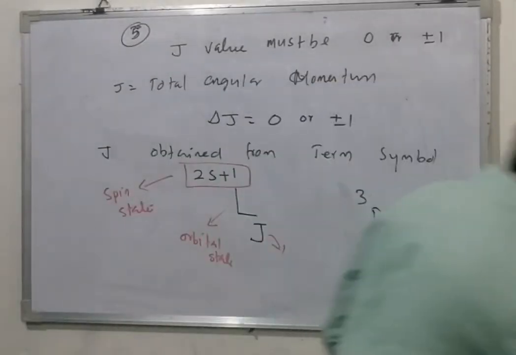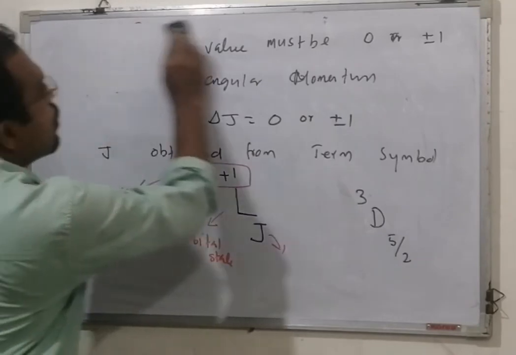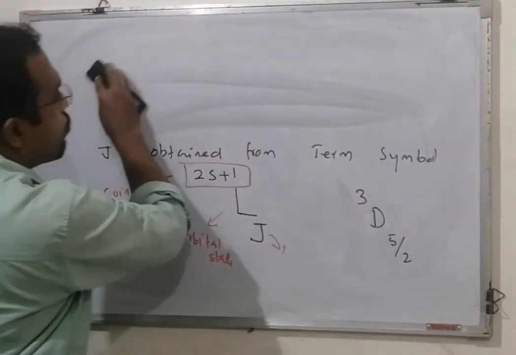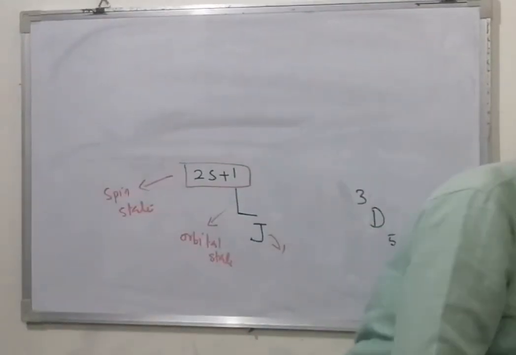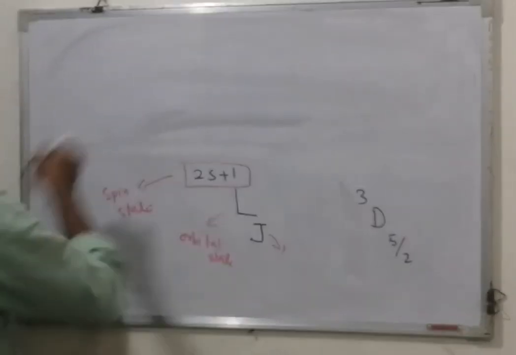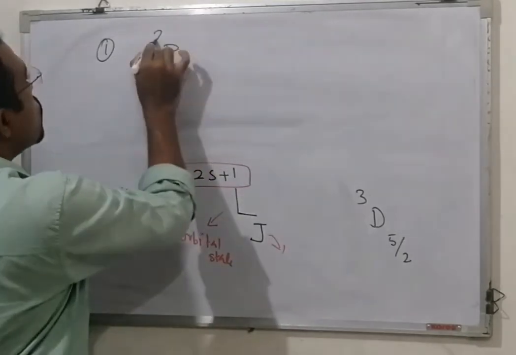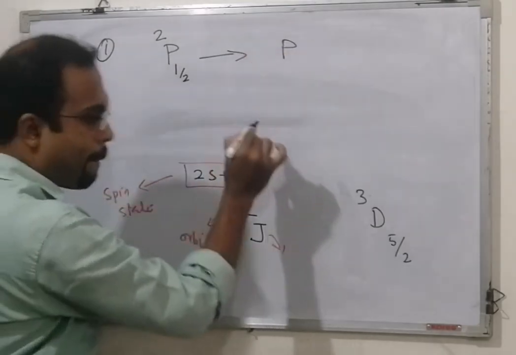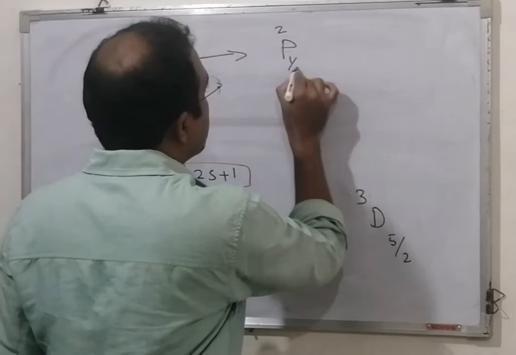Now, I give you two questions from previous JAM examinations. The question is: which of the following are allowed or forbidden transitions? For example, one question: P 2 1/2 gives P 2 1/2.